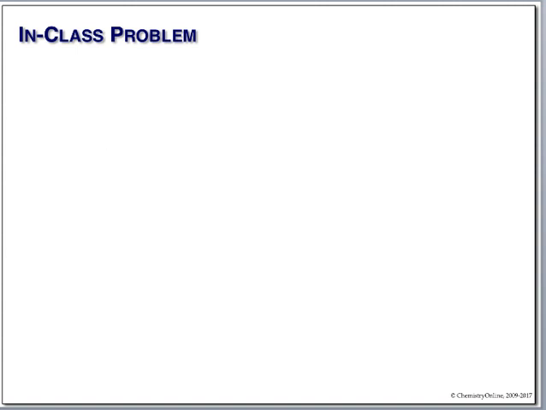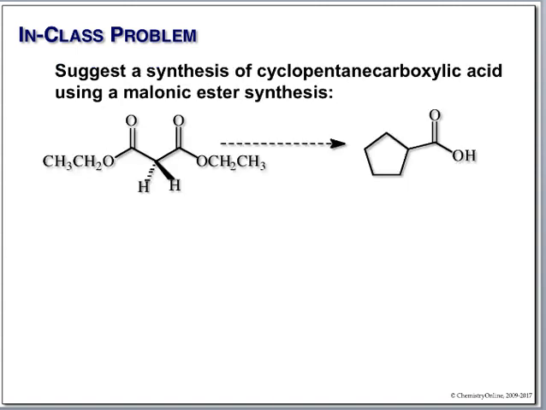Let's do this again. Start off with diethylmalonate and make this? You've got to be kidding me. All right, well, we don't panic, do we? We look at it and say, find the carbons of the substituted acetic acid, right?